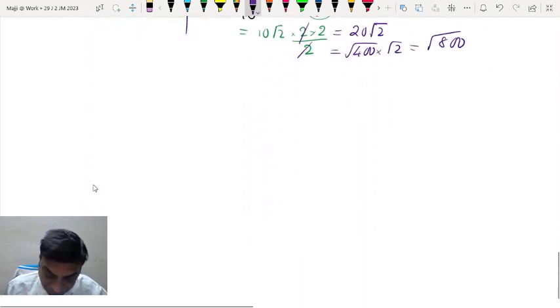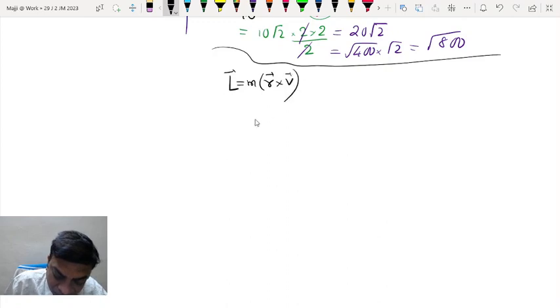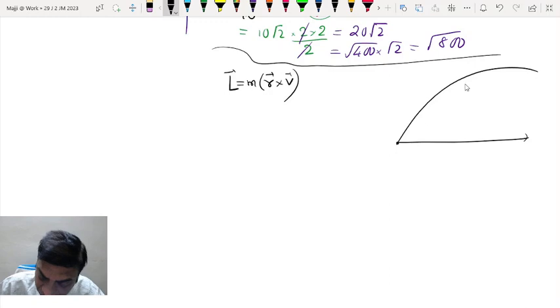Now you see, the usual formula is the angular momentum is given by m into vector r cross vector v. Okay, so this is how we have to calculate.